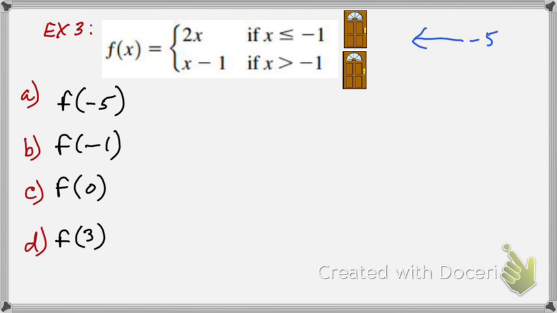Okay, top I'm seeing. So that says, if it comes in the top door, I'm going to take x and multiply it by 2. So this would be 2 times negative 5. That's my y. So in other words, if I go in that top door, that bottom part down there ceases to exist.